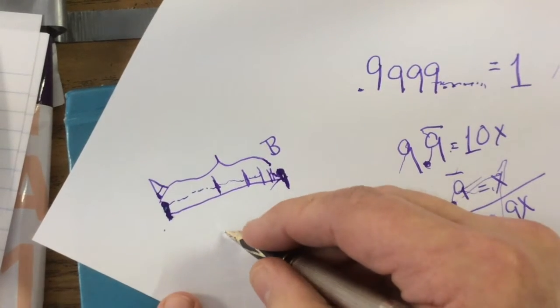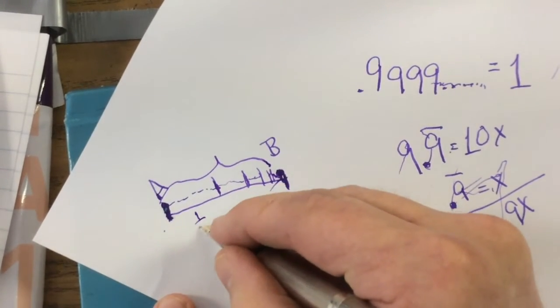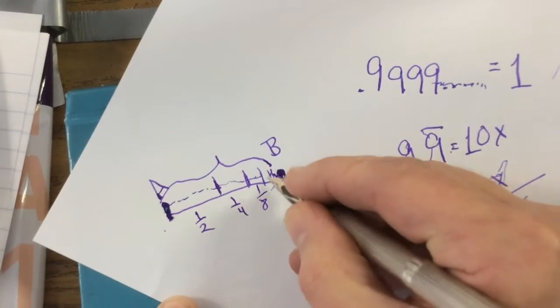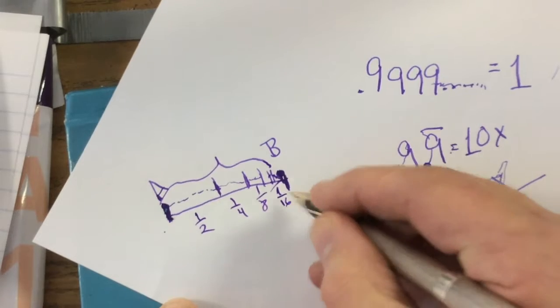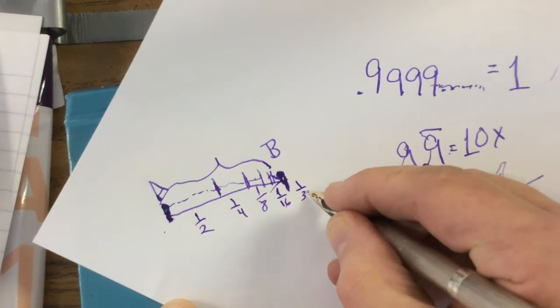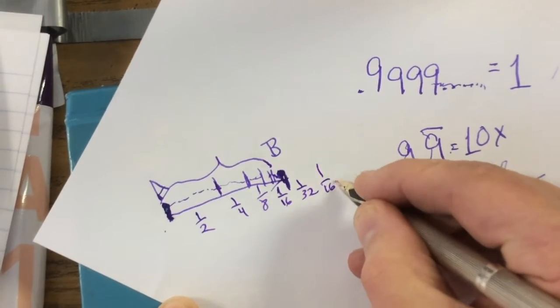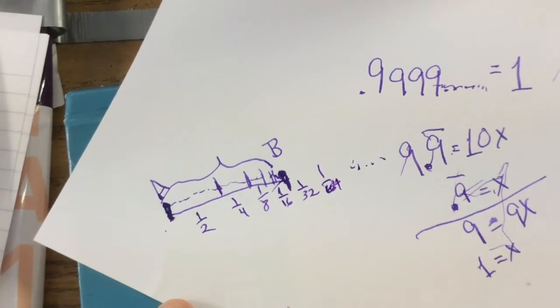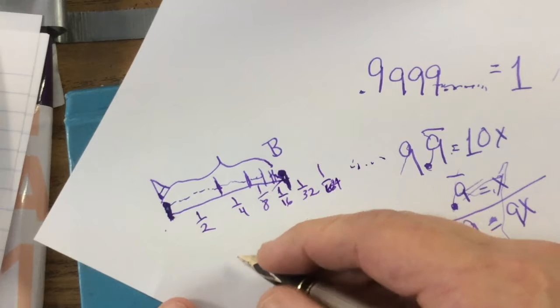They're not imaginary at all, right? This is 1/2. This is 1/4. This is 1/8. This is 1/16. The next one would be at 1/32. Halfway from there would be 1/64. Is there any end to that? No, there's no end to that.